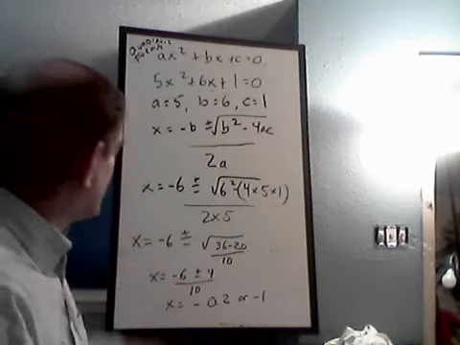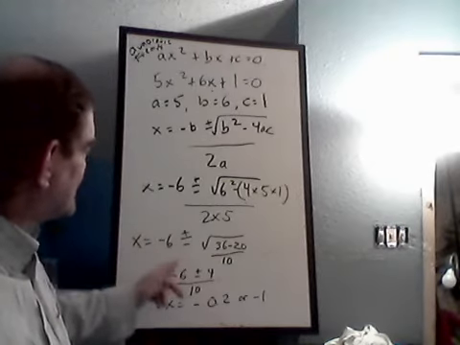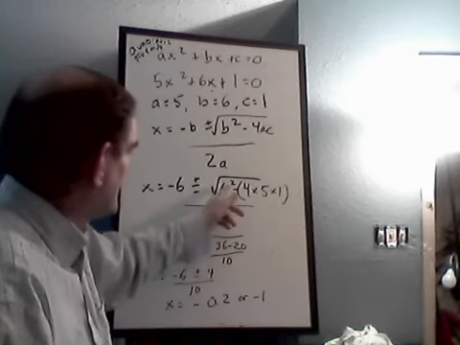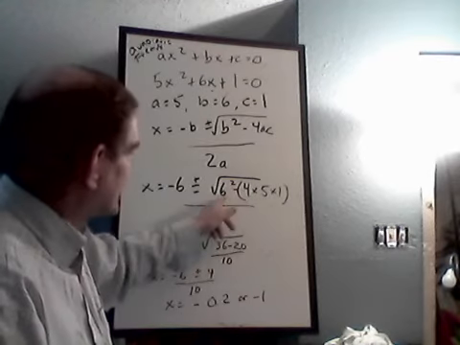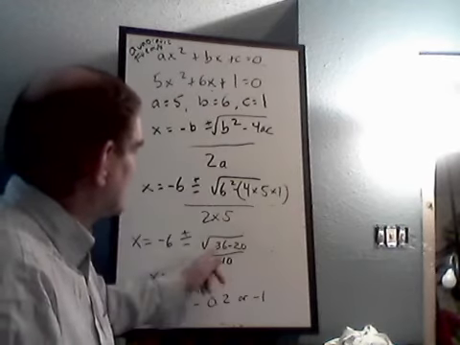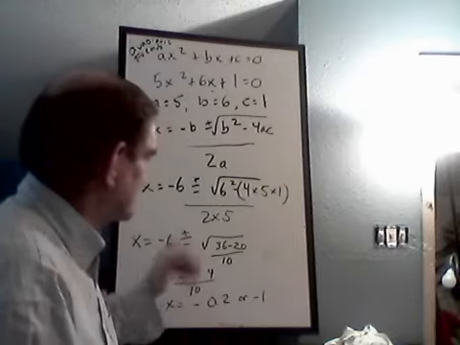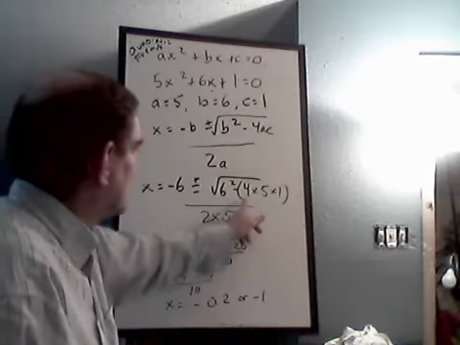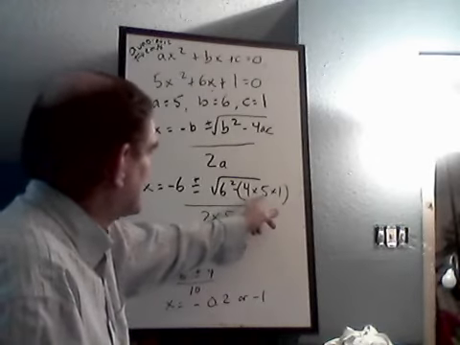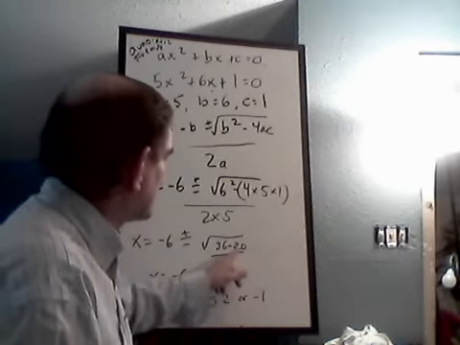Right? 2 times 5. Bring it down one more step. Negative 6 plus or minus the square root of, what's 6 times 6? 6 squared is 36. Subtracting 4 times 5 is 20, times 1 is 20. There you have your 20 right there.